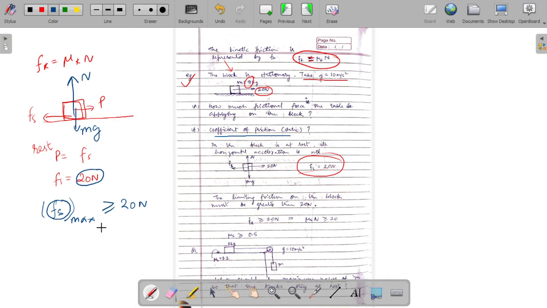So that means that if we go below 20 newtons, let's say the maximum value of static friction which we have is 19.9 newtons, then the block would definitely slip, and this case won't happen. So for this case to happen, the maximum value of static friction, which is mu s N, has to be greater than 20 newtons.